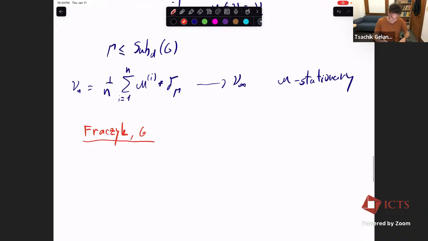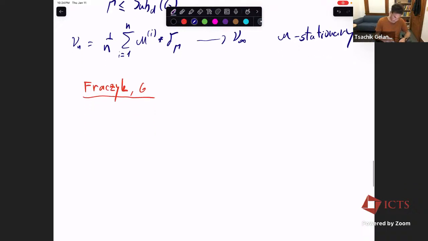So let me give some definitions. This is a general definition.